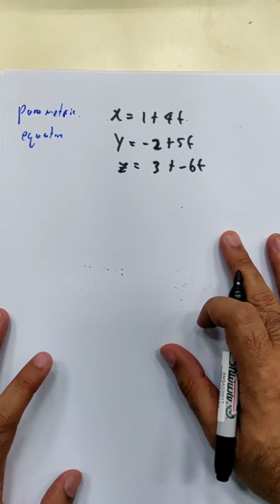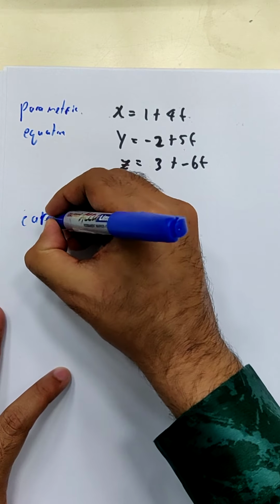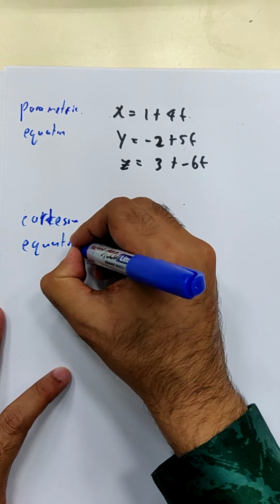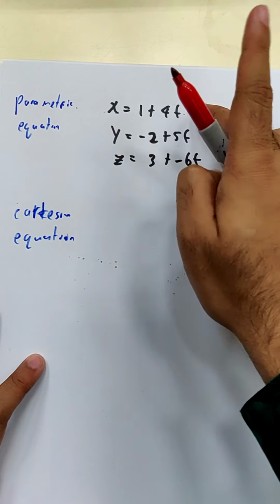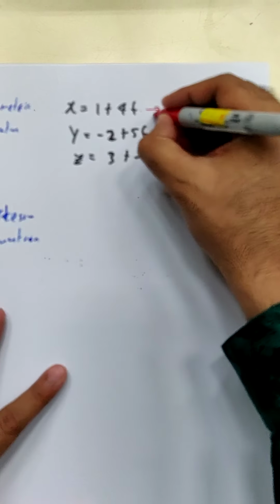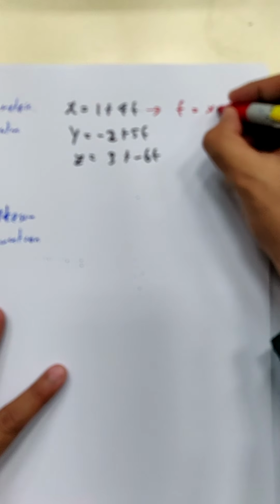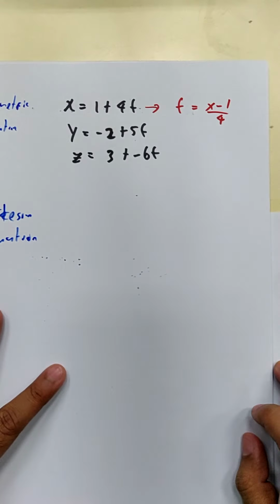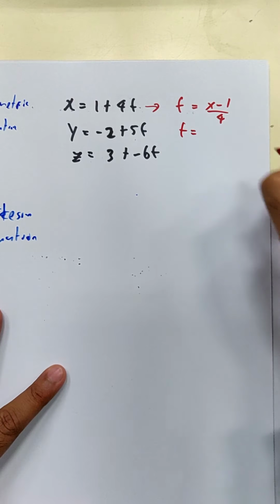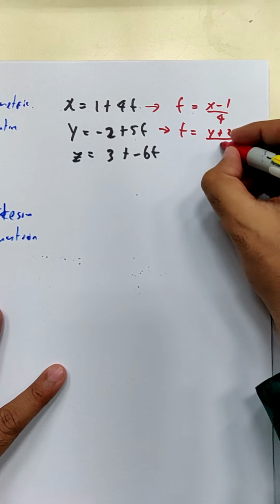Okay, I can leave the answer in that way, or I can even change it to one more form, which we call the Cartesian equation. Alright, so it basically moves something like this. I want my t as my subject. So for the first one, it becomes t equals (x minus 1) over 4. You guys okay? I just move the things around. What about the second one? What will I get? t equals (y plus 2) over 5.